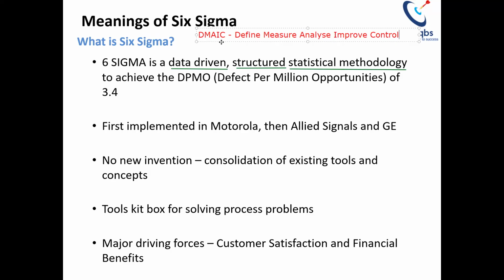Each of these phases will take around 4 to 6 weeks for completion, and a Six Sigma project can be completed within 5 to 7 months. It may be time-consuming, but once you do this project, the problem is permanently solved.